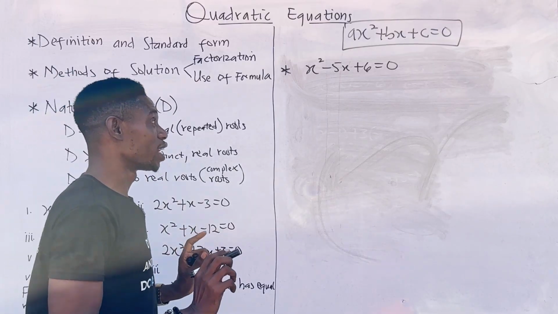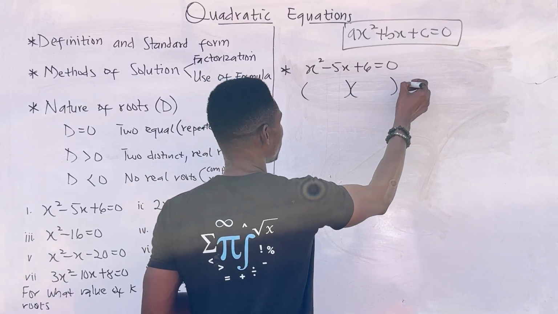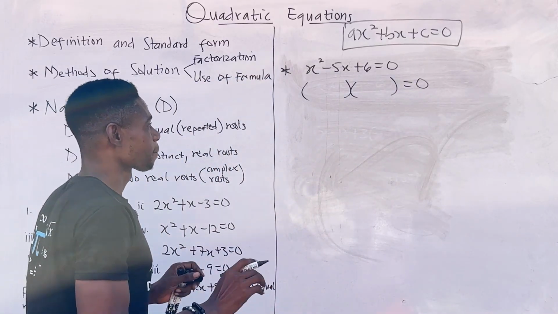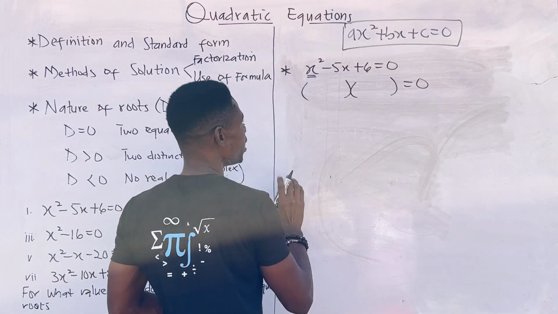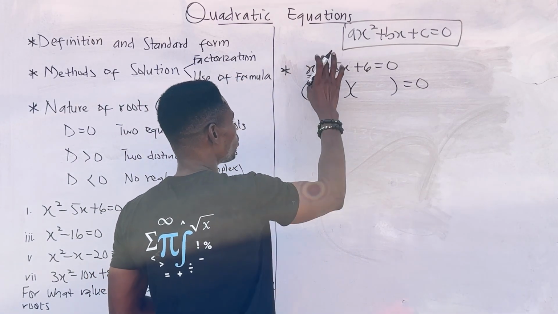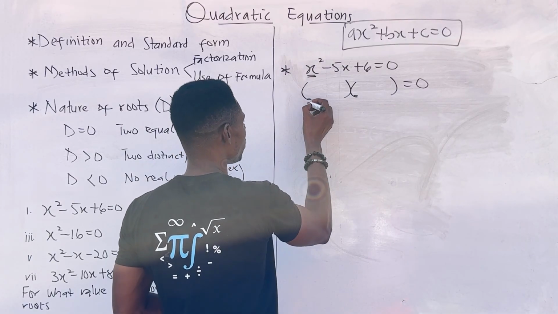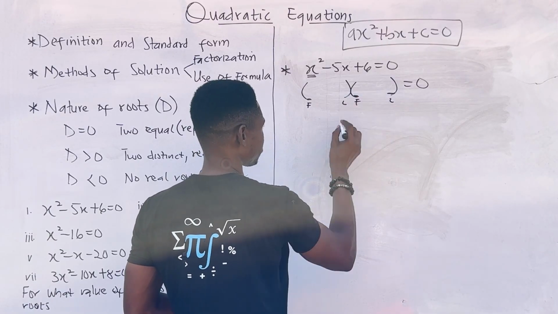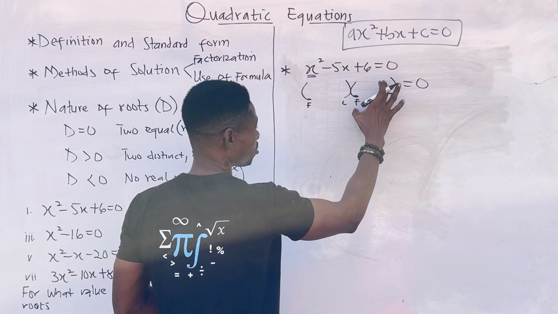So I want to do a one-liner solving. Now we know at a point we're going to have two brackets, right? Okay. Now watch. This first term here is the product of this first and this first. So let's call this first last, first last. That's first last for this bracket, first last for this bracket.